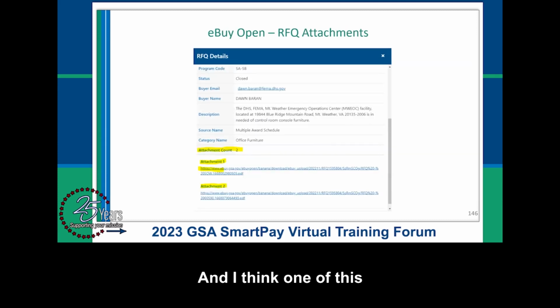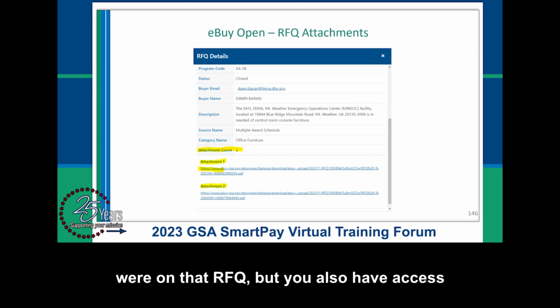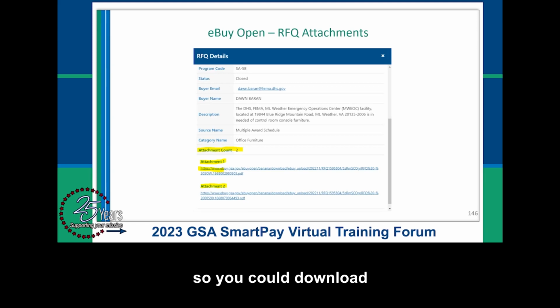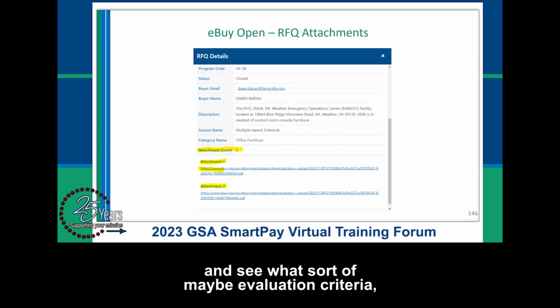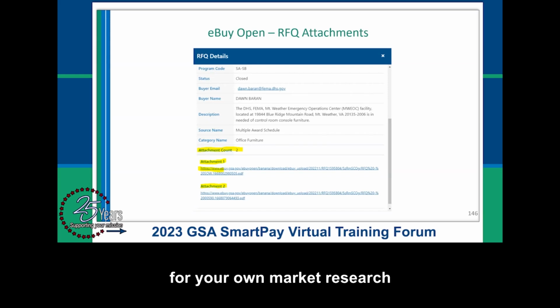And I think this is another one of the really great things, that it gives you the count of how many attachments were on that RFQ, but you also have access to all the attachments that they included. So you could download and see what sort of evaluation criteria or whatever it was, any of those attachments you can take a look at for your own market research to help you in doing your own procurements.